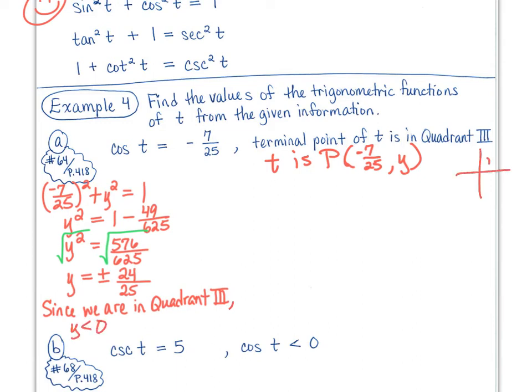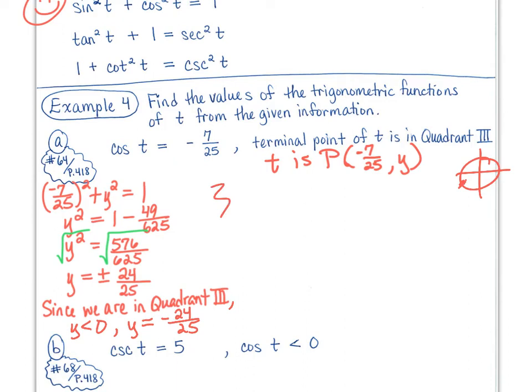Remember, quadrant 3, you're over here. So you have negative, negative. We can say y is equal to negative 24 over 25.